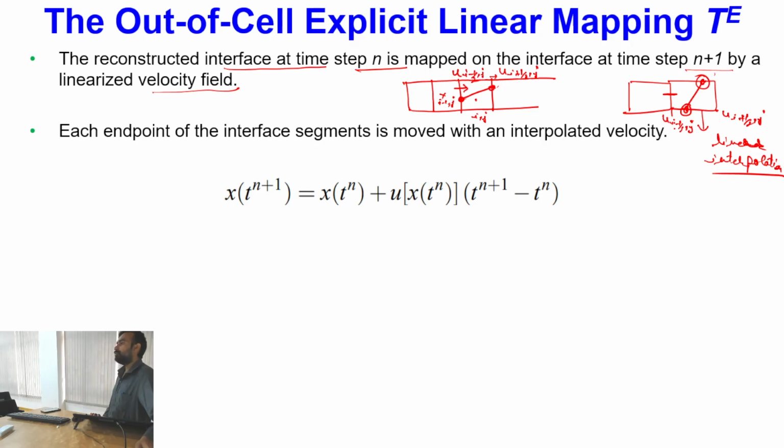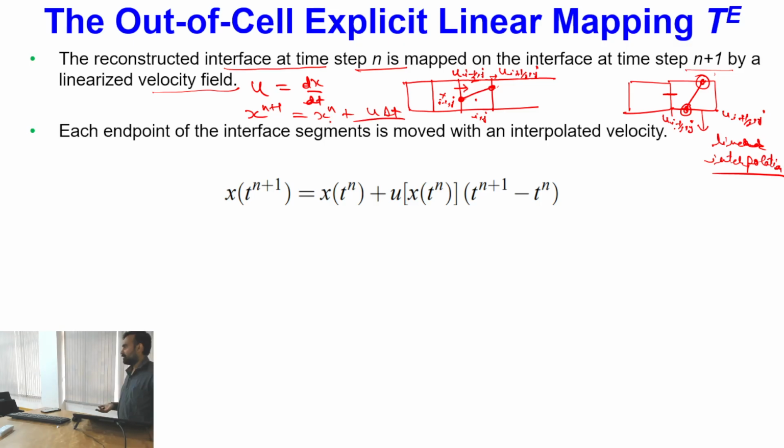What do we do in the Lagrangian approach for particle transport? Please tell me. u can be simply written as dx by dt. So if I have to estimate the particle position at the next time level, then x at n plus 1 will be equal to x n plus u times delta t.